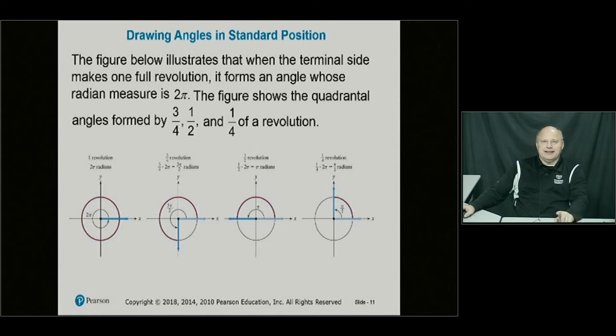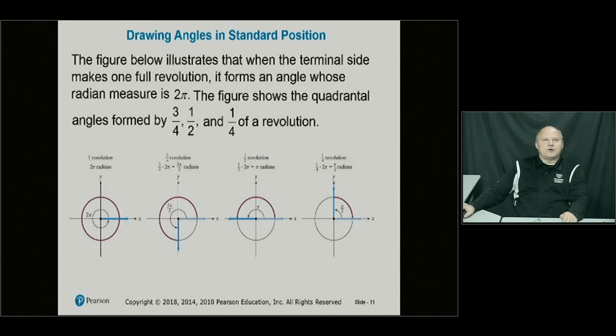That's illustrated by the last picture there. 2/4, which is 1/2, is half of a revolution, and that's represented by the third picture there. And then 1/4, 1/4, and 1/4 is 3/4. So it's going to be the third axis that you intersect, and that's your second picture.